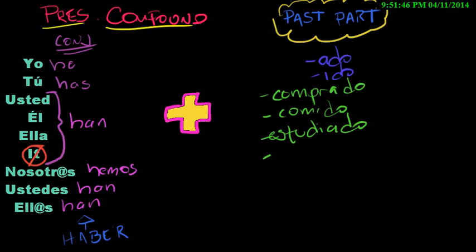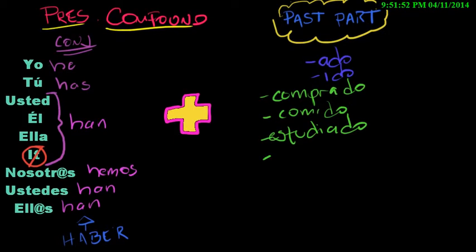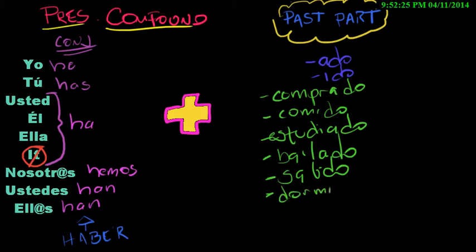Él, ella, oh, here we have a mistake. I'm sorry. Usted, él, ella. Sorry about that. This is without the N. My mistake. Usted ha, él ha, ella ha estudiado, bailado, salido, slept, dormido. Okay.